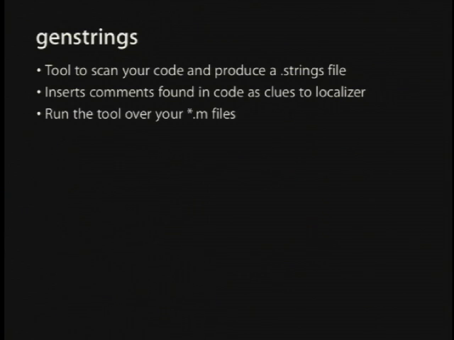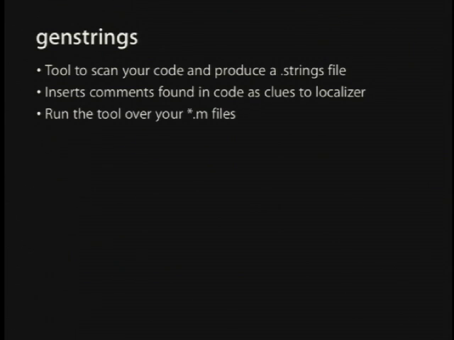There's a tool called genstrings that ships as part of the SDK. And this basically scans through all of your source code and finds any places where you're using NSLocalizedString or NSLocalizedStringFromTable and builds that strings file for you so that you do not have to generate it manually. When you're writing a constant string into your source file that you know you're going to end up localizing, just write it using NSLocalizedString and put the key value in there.